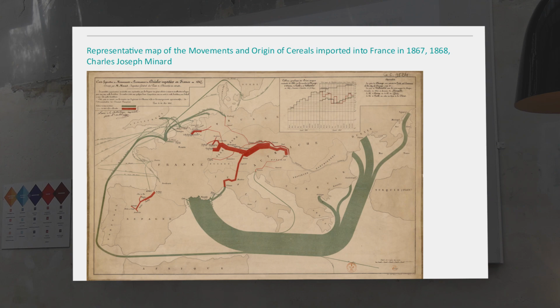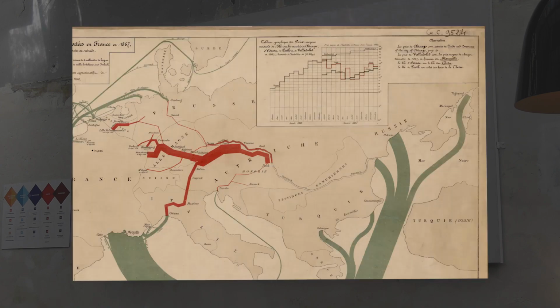So the green is everything that's traveling by boat. And it's compared to the overland trade of grain from Austria and Spain in red. What's interesting about Minard's work is that he freely distorts that geography so that the data can flow through the Bosporus. The Bosporus isn't quite that wide, but there's a lot of grain that needs to flow through it, so he opens it up.